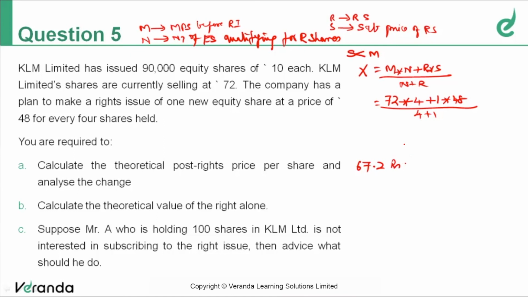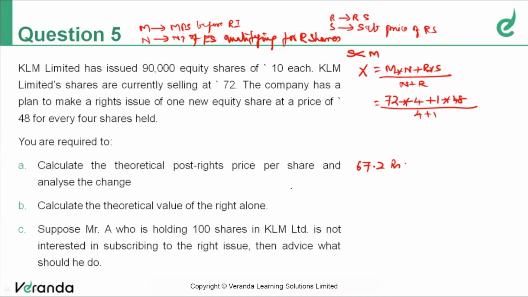So, theoretical value of rights. What is the theoretical value of the rights? Shareholders can either subscribe or they can sell the right. If neither of these two is carried out, they will lose their wealth.